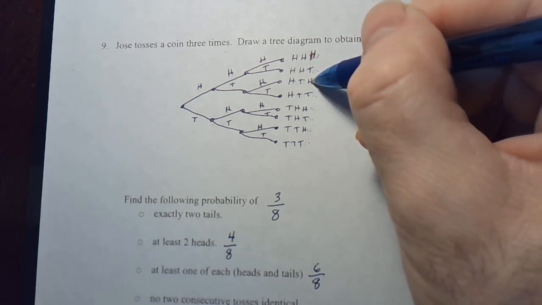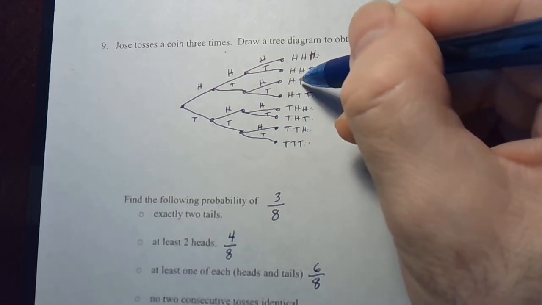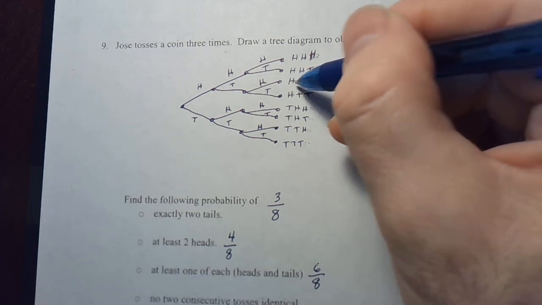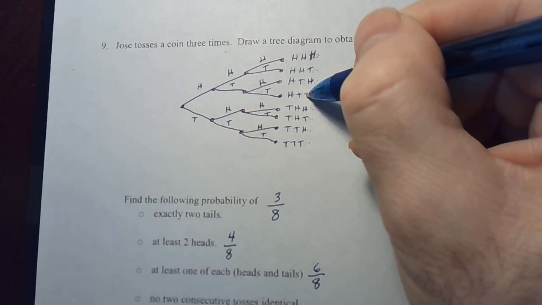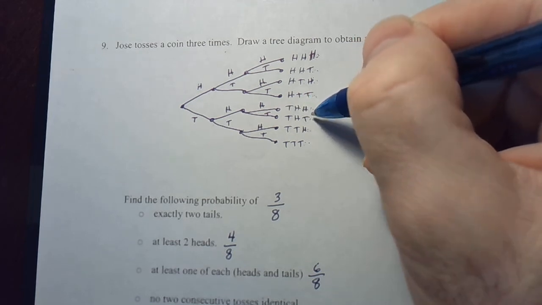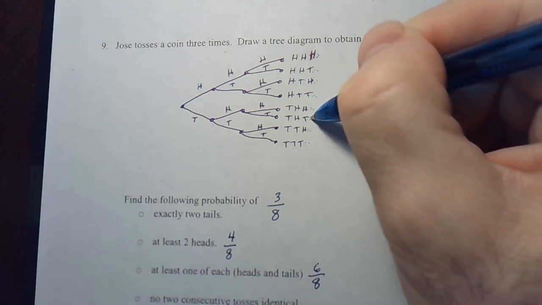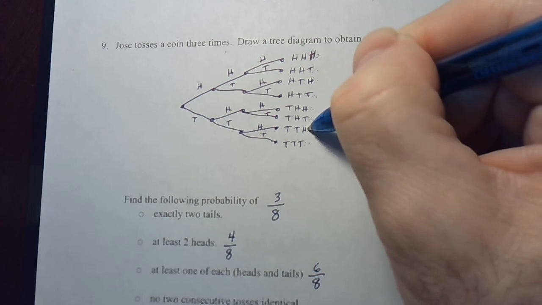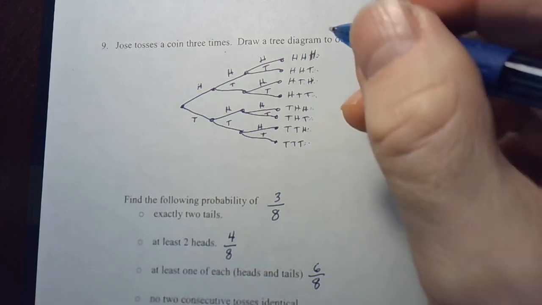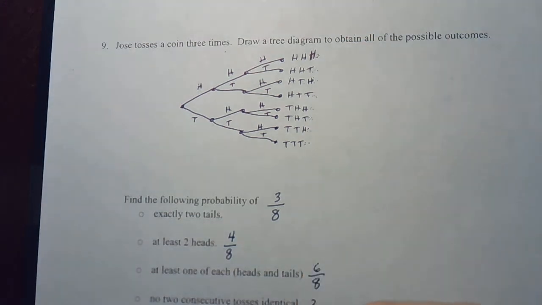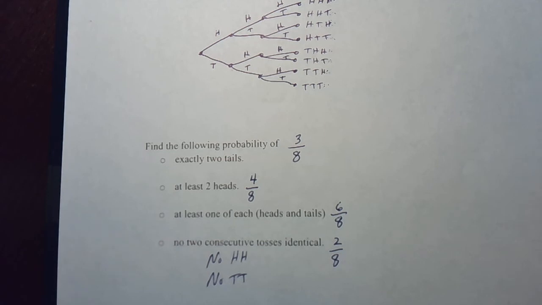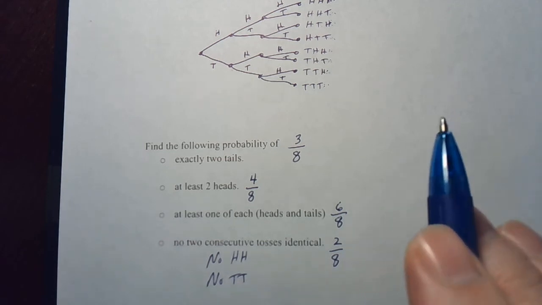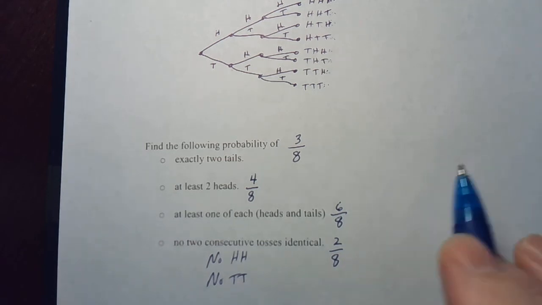This one doesn't. This one counts. That's a HTH, so no 2 consecutive anything. 1, that's consecutive. That's consecutive. 2, and that's 2, so 2 over 8. Yeah, that seems right, because to have no 2 consecutive being the same, that means it has to be heads, tails, heads, or tails, heads, tails.